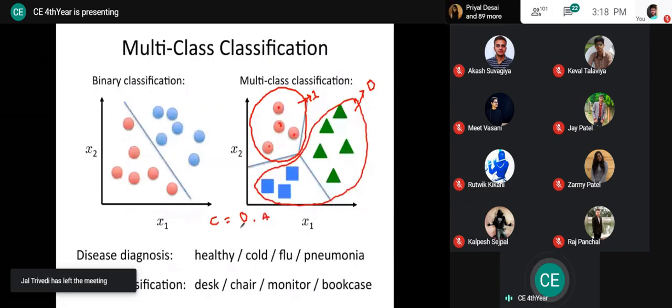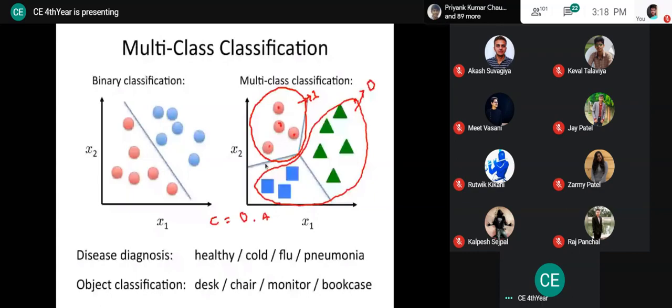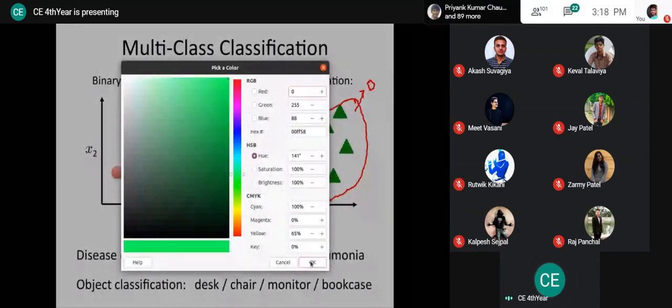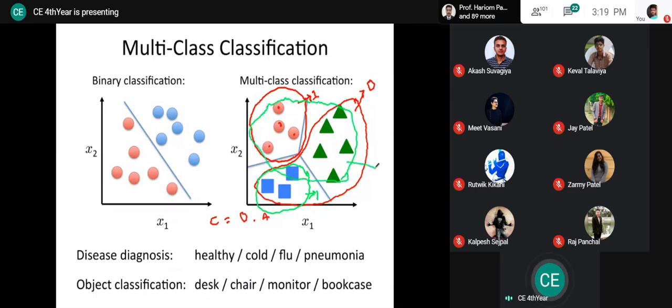Next, we'll repeat the same practice for the square. So now this 3 will be labeled as 1, and the remaining examples are labeled as 0. Right?